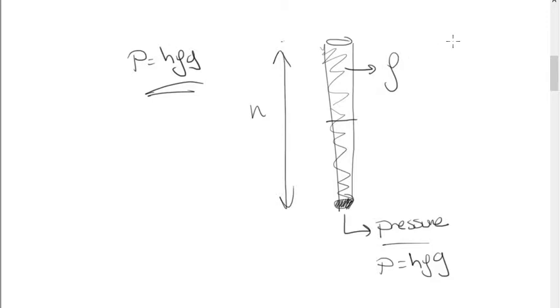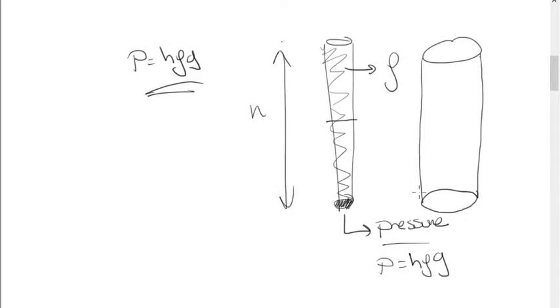All right. Now here's something you need to pay attention to. Say we do this experiment again with a tube which is the same height as the previous one, but it's larger. The cross-sectional area is greater. Do you get it? So let's say this area is A2 and this area is A1. So A2 is greater than A1.